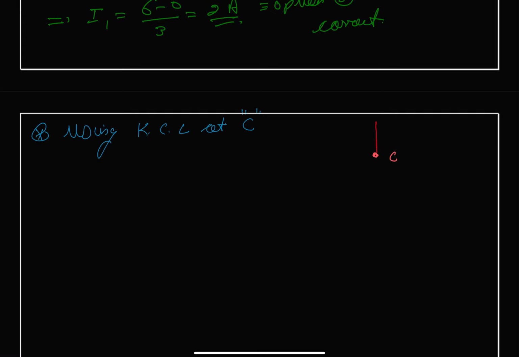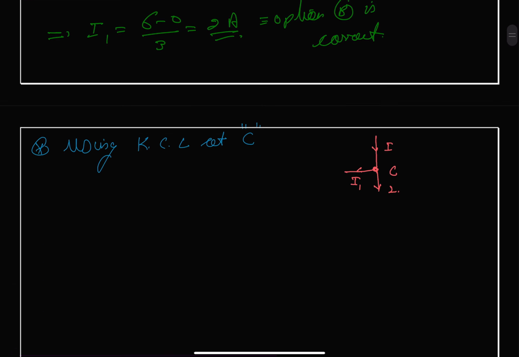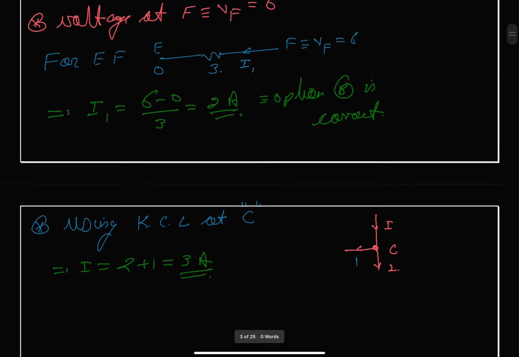Incoming current is our I, and outgoing current here is our I1, and we just found out that the current to the other branch is about 2 ampere. And I1, sorry, it's not I1 but it's 1. This is 1. Therefore we can write that our I will be equal to 2 plus 1, which is our 3 ampere.